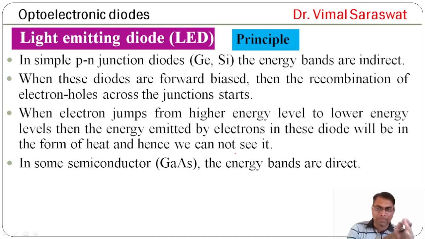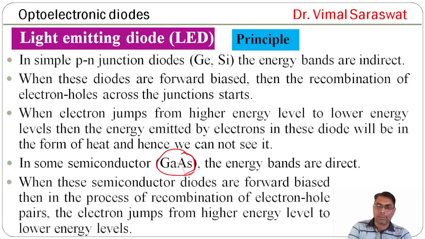But in some special types of semiconductor, the energy bands are direct. These semiconductors are gallium arsenide. When these semiconductor diodes are forward biased, then what will happen?